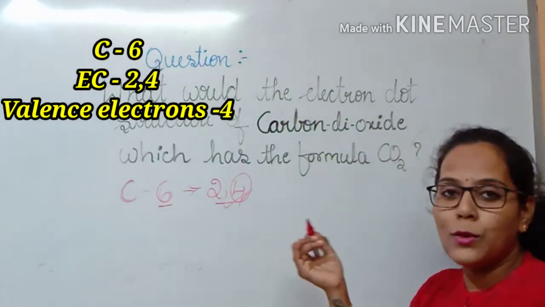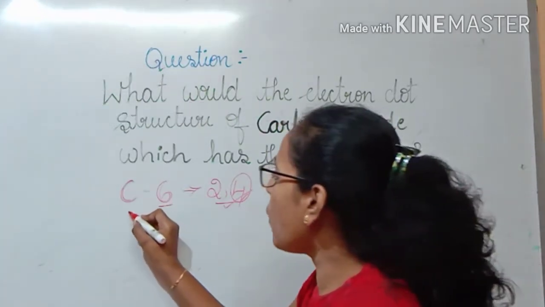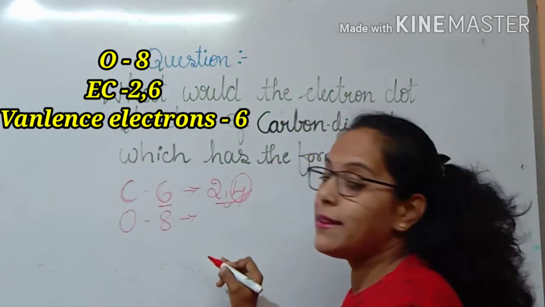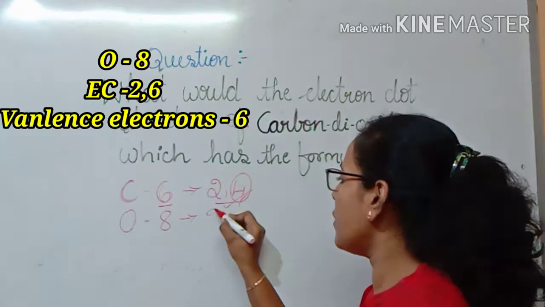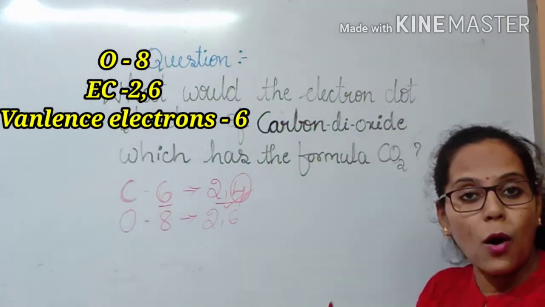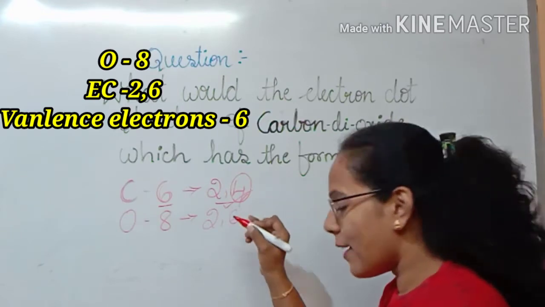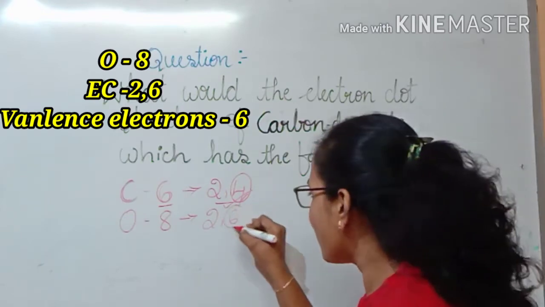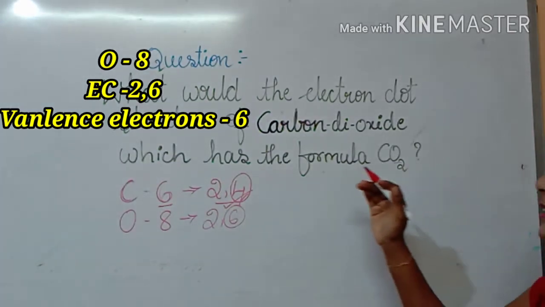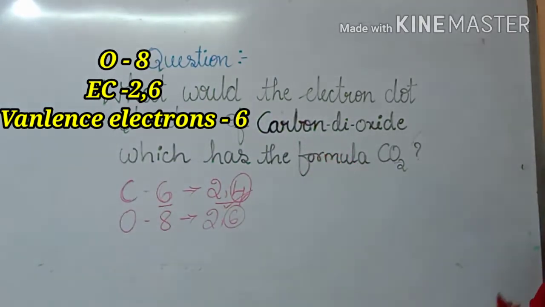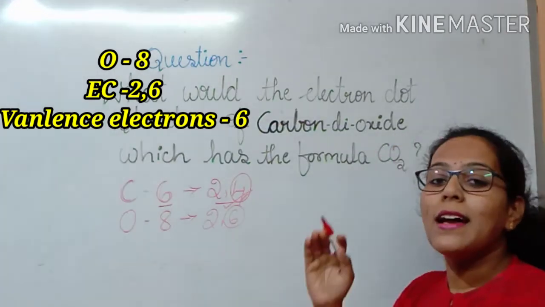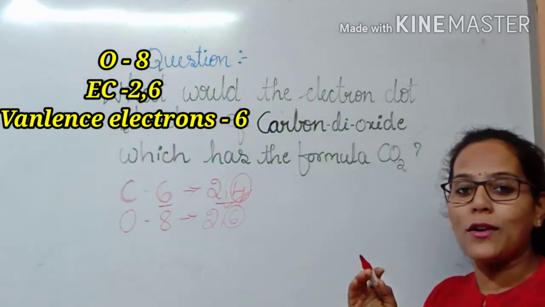Clear? Now let us look at oxygen. Oxygen's atomic number is 8 and its electronic configuration is 2, 6. Correct? What is the number of valence electrons present on the oxygen? It is absolutely correct, it is 6. Now, having understood the valence electrons present on a particular atom, let us move towards how to write the electron dot structure.